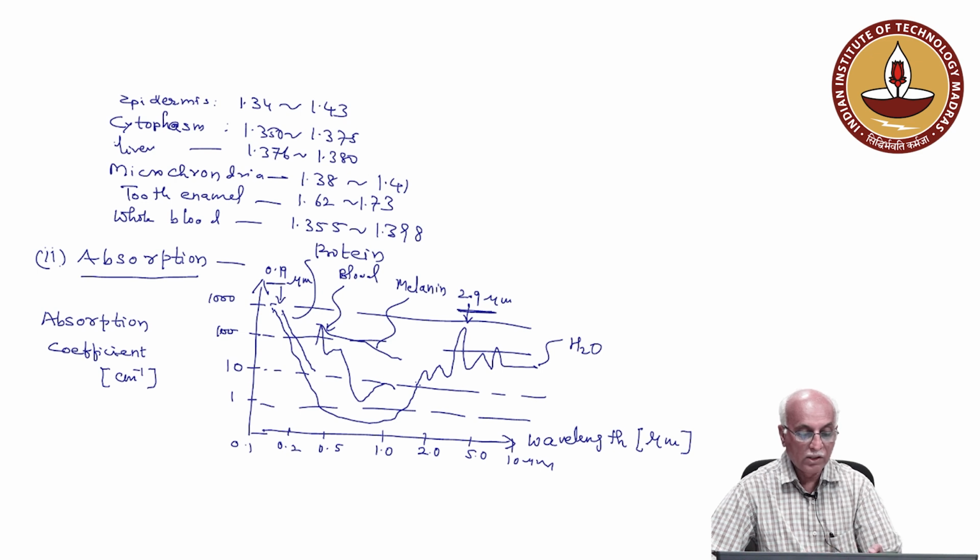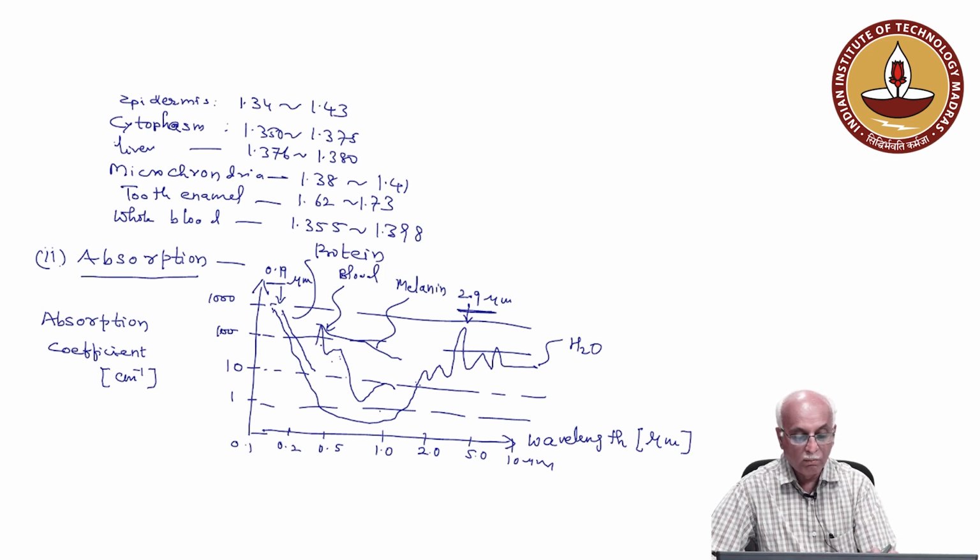When we are trying to measure or use it for sensing applications, depending upon the wavelength, absorption characteristics are different, and we make use of these different absorption characteristics to indirectly identify or measure the concentrations of molecules by selecting appropriate wavelengths in the visible range or near infrared range.